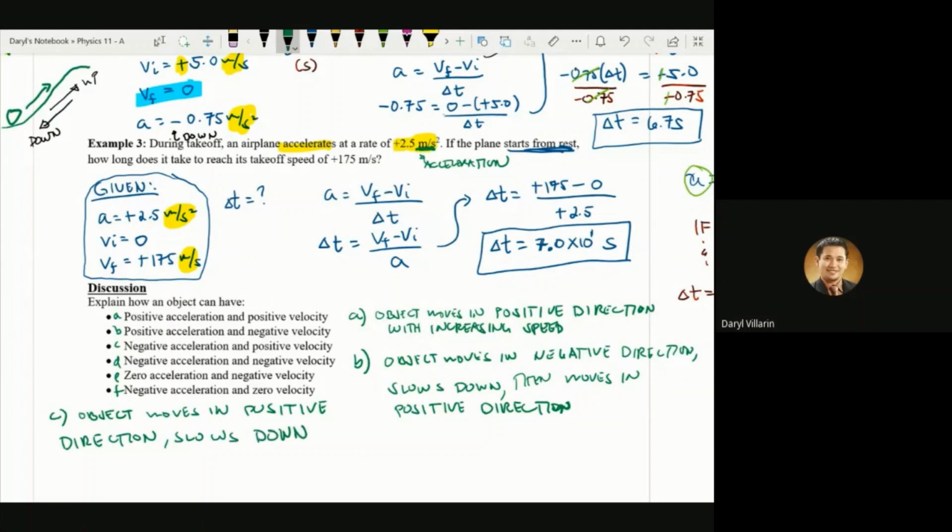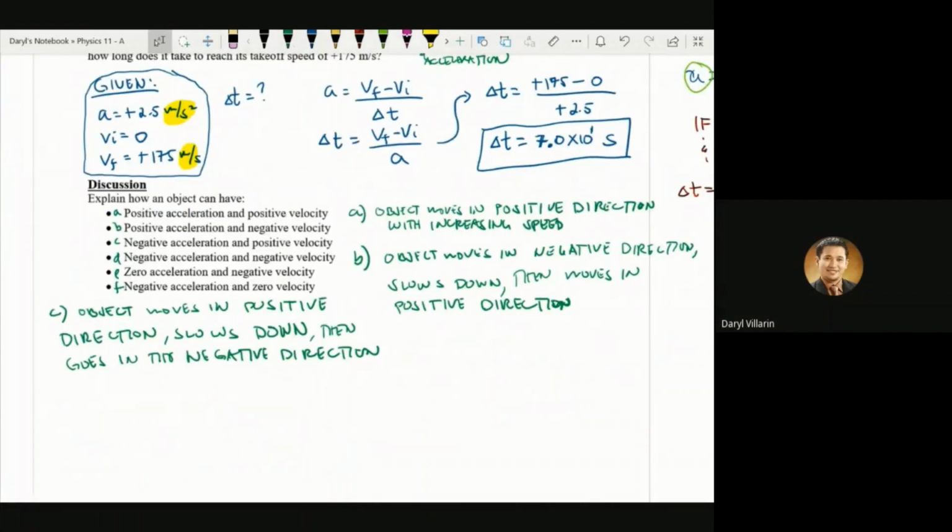Okay, maybe you can just stop there, or you can extend it and then it moves in the negative direction. Okay, then it goes in the negative direction. Because later on we will try to generalize these things.